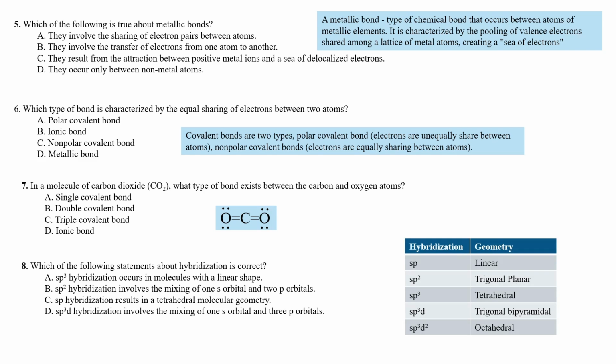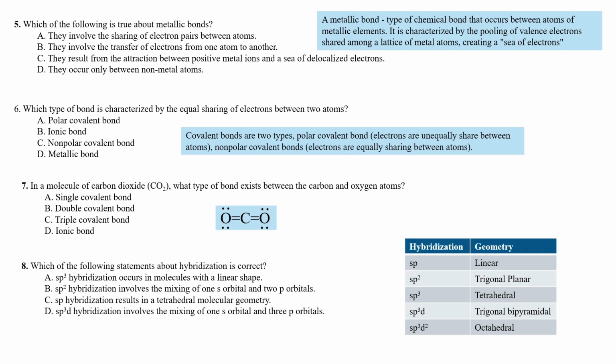You can see for each hybridization in this table the geometry, the shape of the molecules. sp hybridization is for linear molecules, linear geometry. sp2 hybridization is trigonal planar, like BF3, BCl3. sp3 hybridization is for tetrahedral shape, for example CH4, methane. sp3d is for trigonal bipyramidal geometry, for example PCl5, and sp3d2 is octahedral geometry, like SF6.